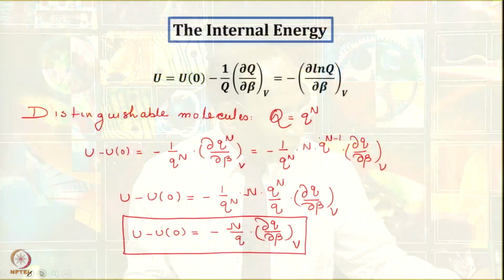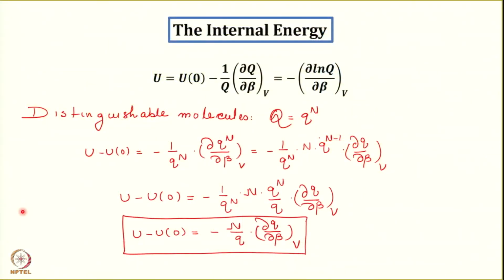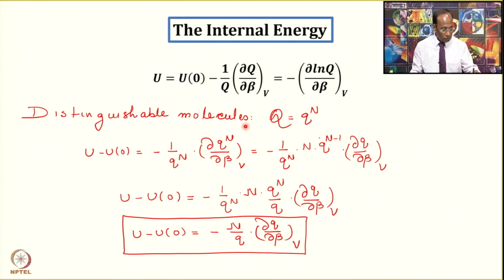First we talked about distinguishable molecules, and it turned out that for distinguishable molecules the expression for internal energy is the same that we had earlier derived when we were connecting internal energy with molecular partition function.